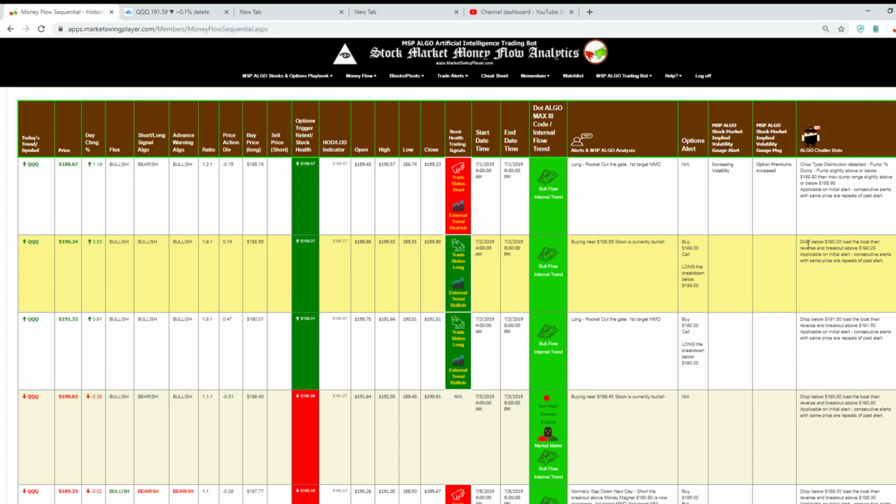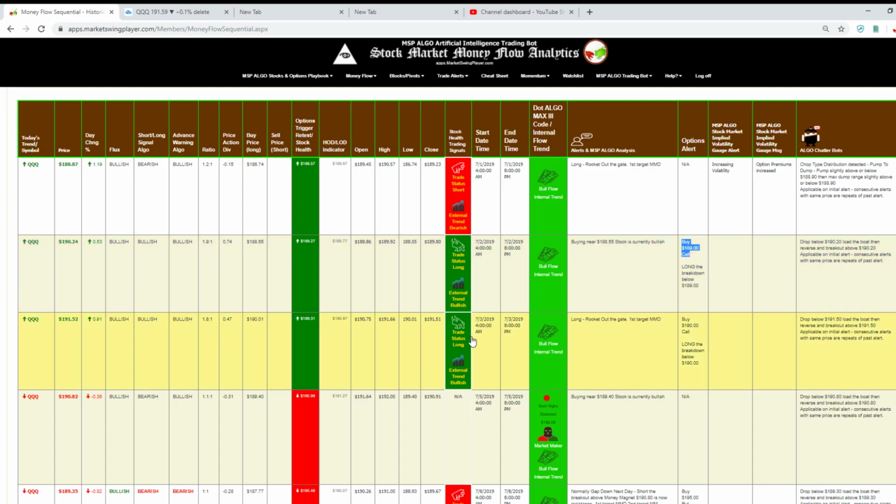Okay, so this is saying that the next day drop below 190.20, load the boat, and we could see the market's bullish, so we think we could load the boat. So they're saying the stock is going to drop below 190.20, load the boat, then reverse. That means the stock's then going to reverse and break out above 190.20. So the algo chatterbox is saying the best buy opportunity is if price drops below 190.20, load the boat on 189 calls, right?